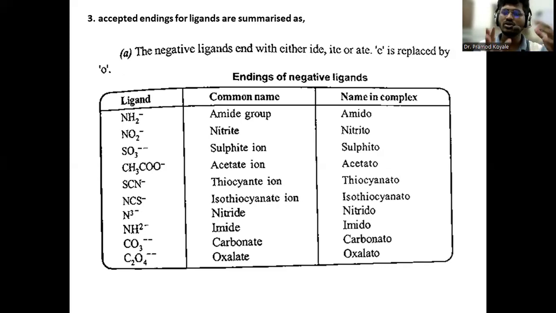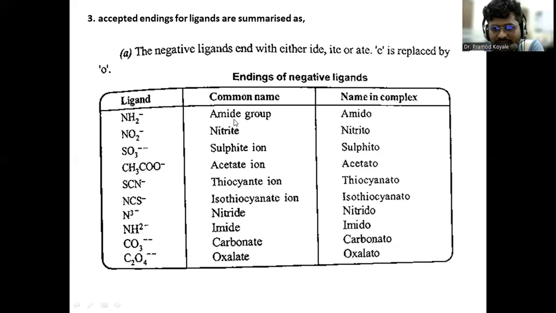For the negative ligands which are not commonly utilized, those are shown here. They have the specific ending, for example IDE, ITE or ATE.